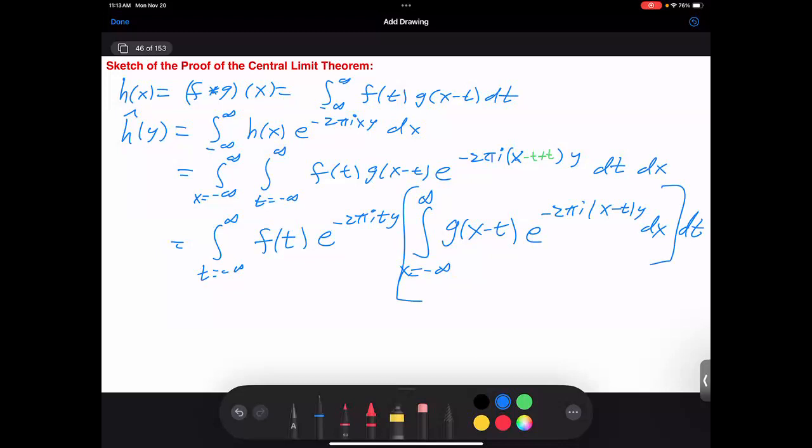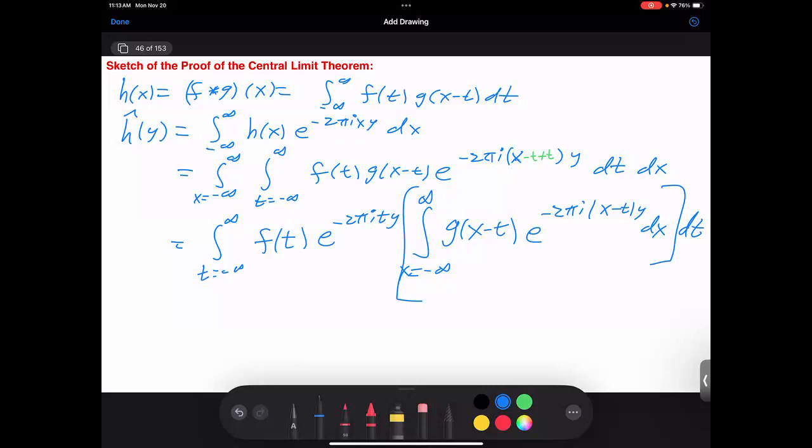So what does the bracketed integral equal? Convolution with delta function? Nope. The Fourier transform, you've got to be more specific. The Fourier transform of evaluated at? Nope. I'm integrating out x.